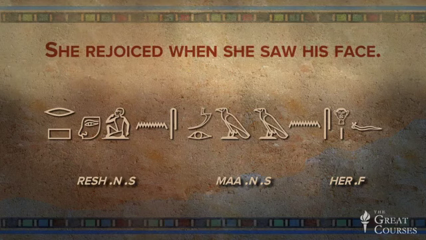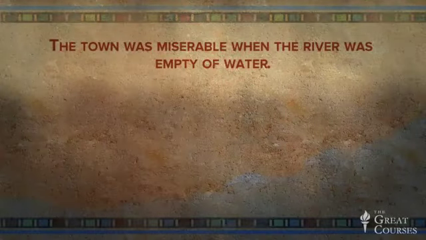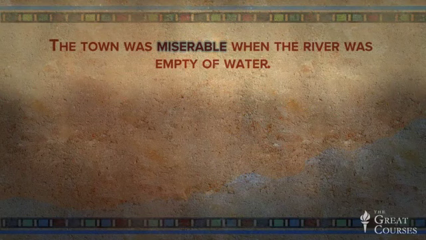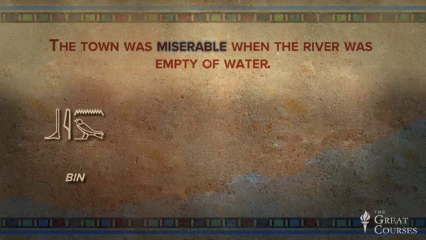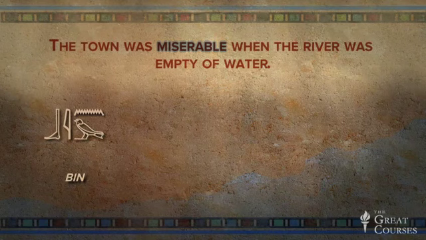Good. Our next sentence was, the town was miserable when the river was empty of water. Well, the word for miserable is the same word as bad, bin. Remember that the little bird determinative tells you that the things are not so good, like in the phrase poor man that we learned a while back.